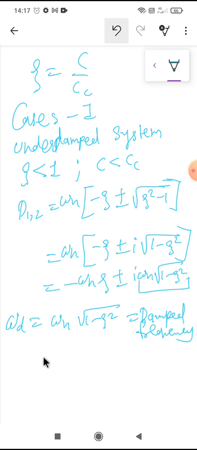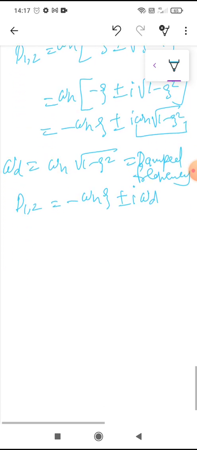So the solution will be d1,2 is minus omega n zeta plus or minus i omega d. Now we will apply this in the general solution.